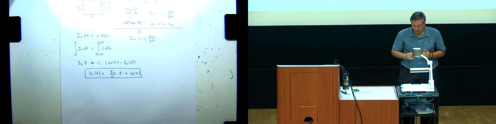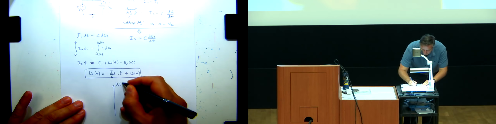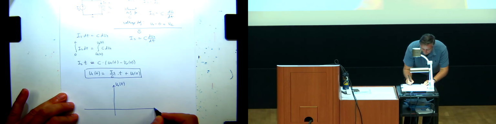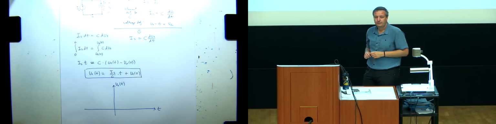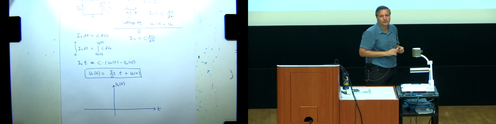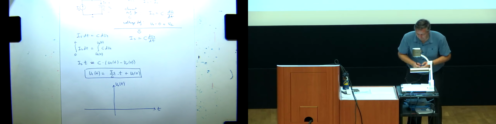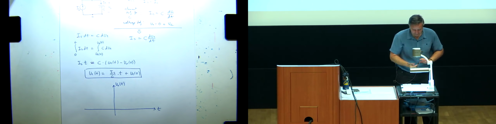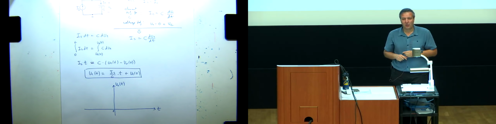Okay. So if I was to draw u1 of t as a function of time, how does that look like? A line, okay, and a line starts at time 0 and starts where?